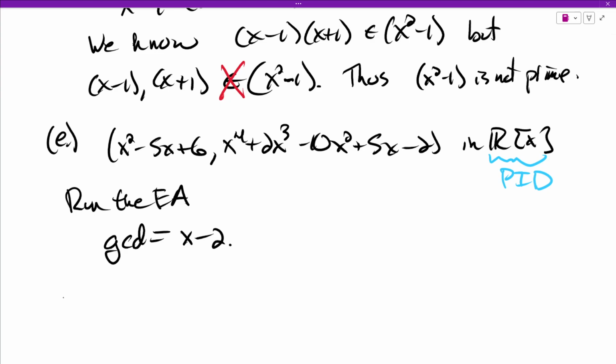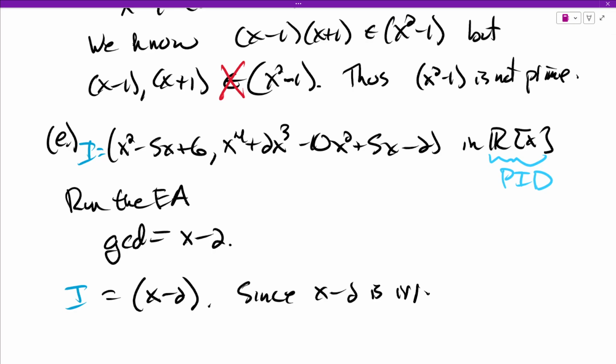Which means that this ideal, let's call the ideal I, so I don't have to keep writing it over and over again. So I is equal to the ideal generated by x minus 2. Since x minus 2 is irreducible, certainly you cannot factor it further. It is prime as we have a PID, and irreducible and prime mean the same thing.